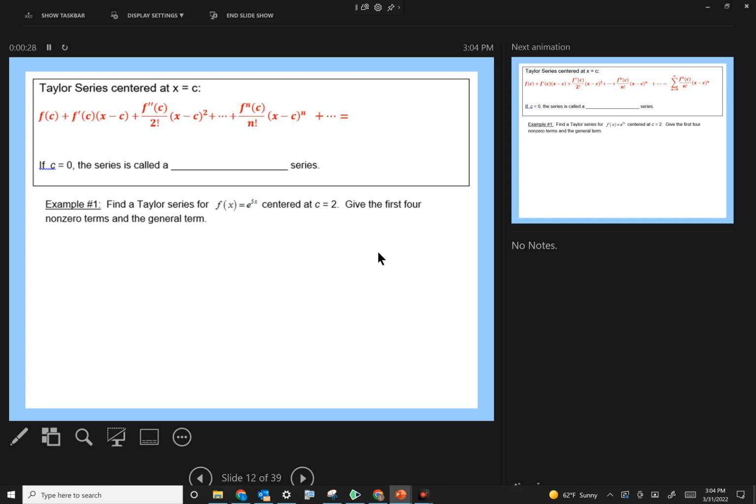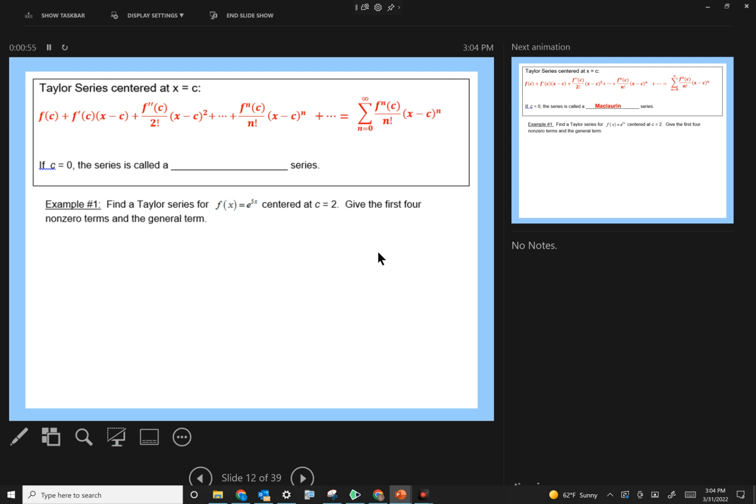But because we know how to write a series in sigma notation, we can write the Taylor series in sigma notation. So we would say the sum, as n goes from 0 to infinity, of the nth derivative at c over n factorial. Basically, you just rewrite that general term in the series.